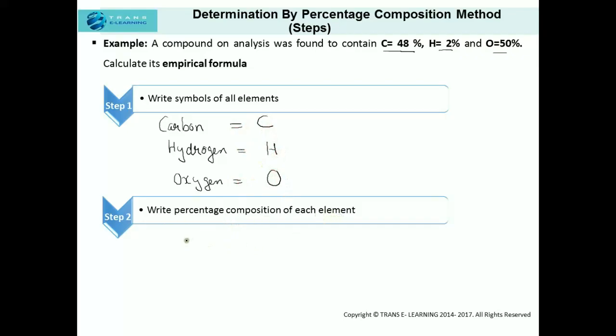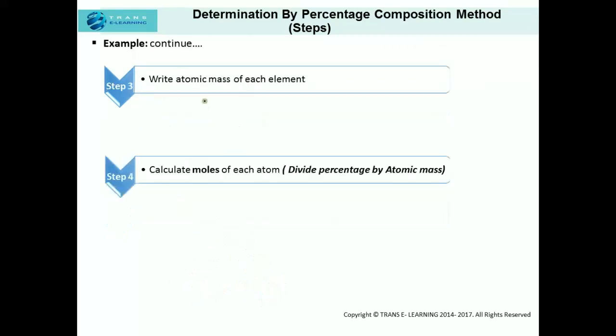As given in the question, carbon is 48%, hydrogen is 2%, and oxygen is 50%. Now the next step, write the atomic mass of each element. The atomic mass of carbon is 12, hydrogen is 1, and oxygen is 16.